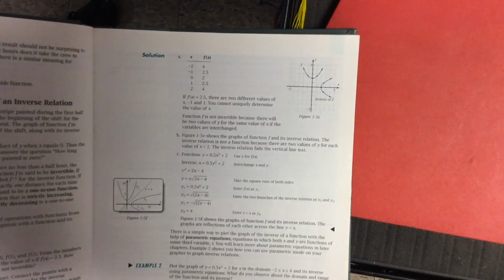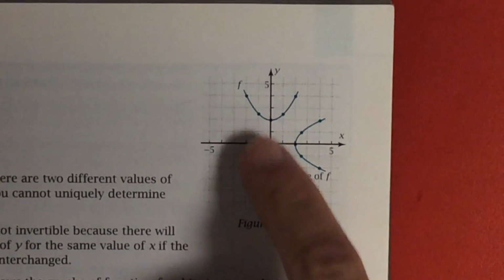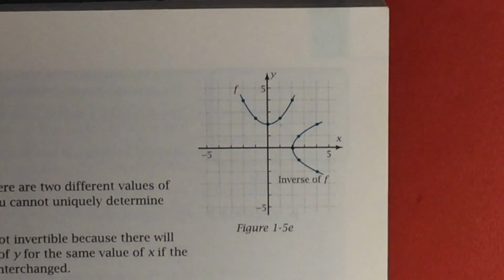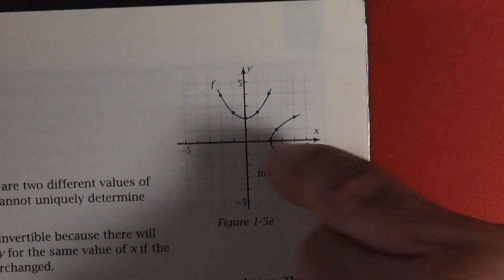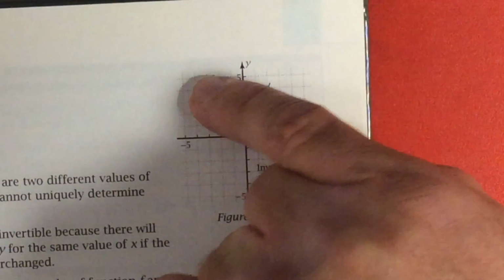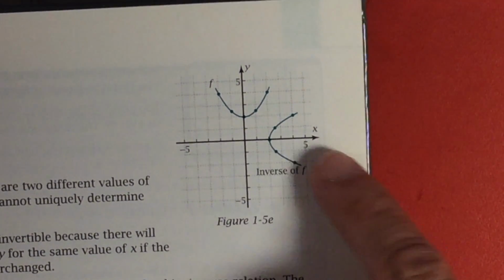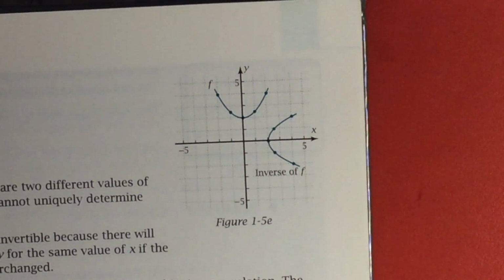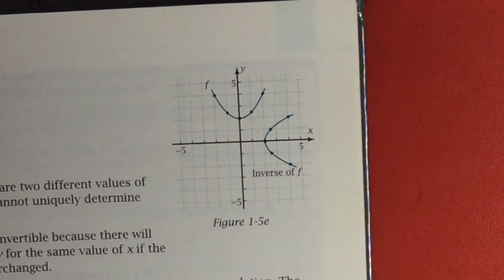Now here's the thing about whether it's a function or not. If you look at this parabola right here, if I wanted to find the inverse relation, I could draw a diagonal line here, reflect this across the diagonal line. This thing here is the inverse relation of this. I could find it by plotting points, or I can find it by graphing.